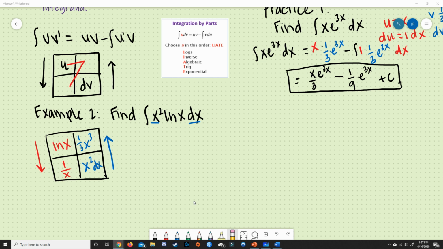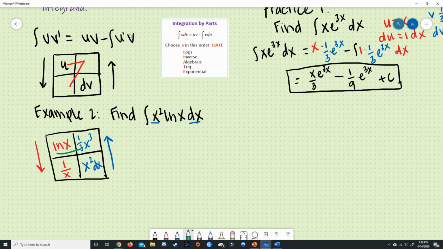So now we can use the information in our box to apply this formula here. What this formula is saying is that the integral we're searching for is u times v minus the integral of du times v. And we can do this by making a 7.